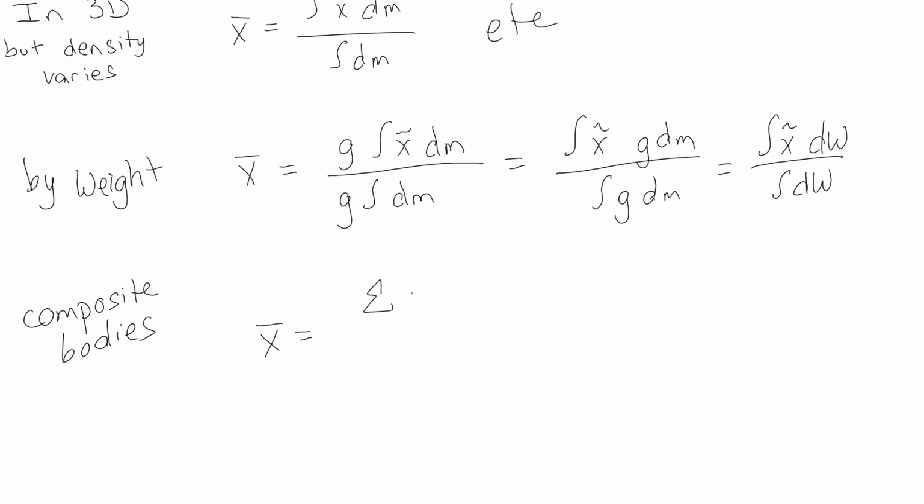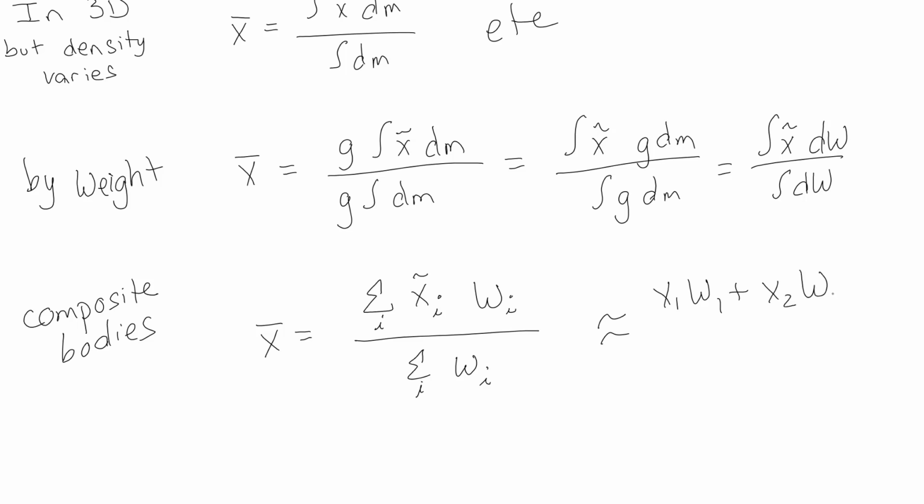Over all the i's in the system, I'm going to do x-i times the weight of i over the sum over i of all the weights. So for example, x1 w1 plus x2 w2 plus x3 w3, all divided by w1 plus w2 plus w3.